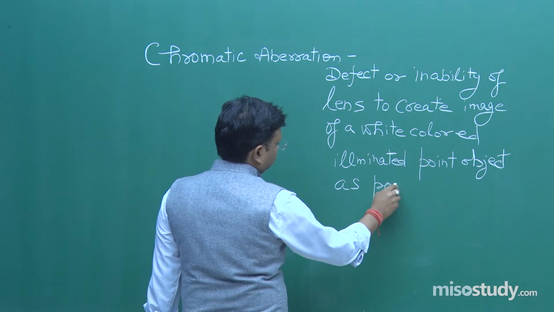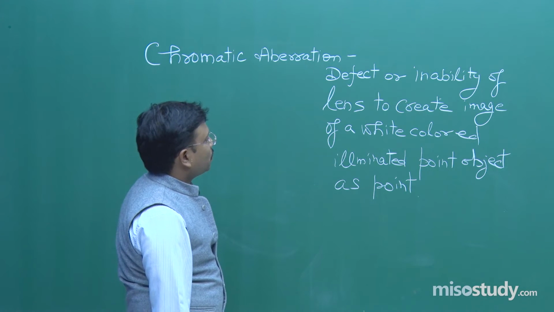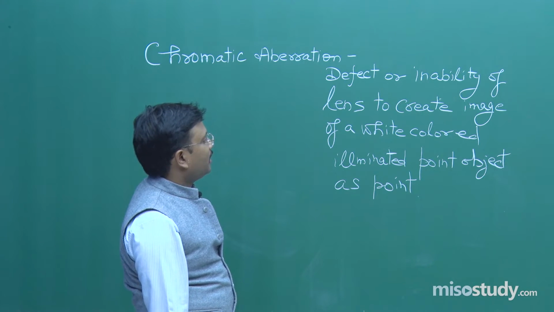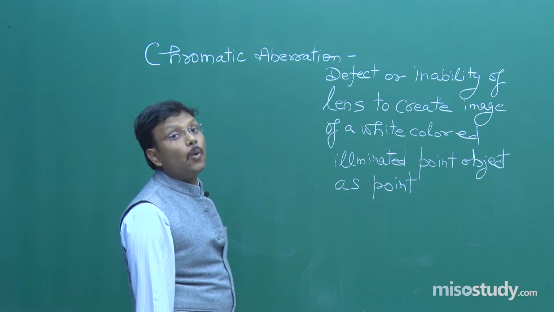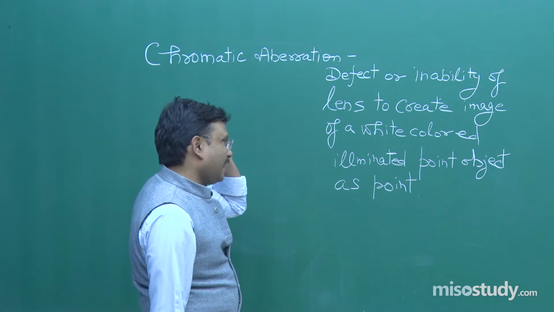What does it mean? Defect or inability of a lens to create an image of a white colored illuminated, meaning white light illuminated, point object as a point. What exactly is the phenomenon?